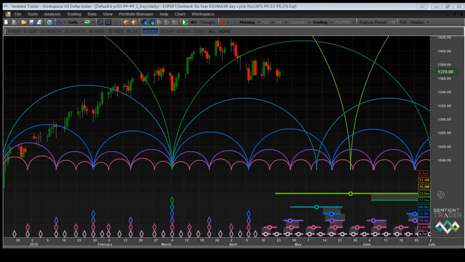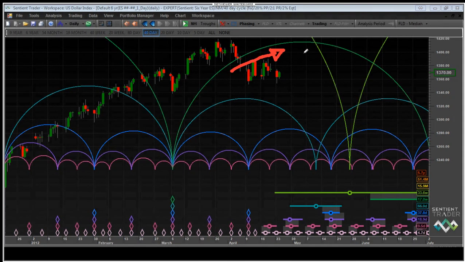Let me do that, and let's have a look at our semicircles again. What's happening to the 20-week cycle? As you can see from just looking at the semicircles, the 20-week cycle is heading up over there and is expected to top somewhere over there.